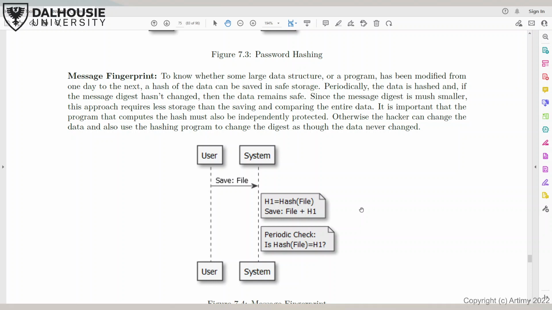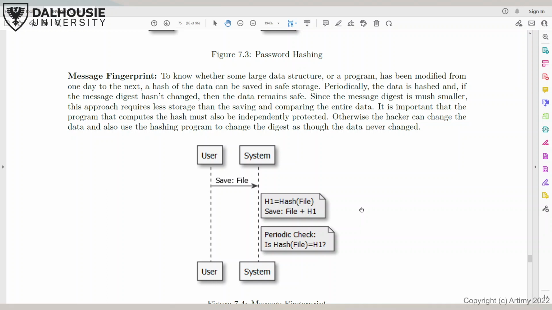All right, so in that case, I will save the file and I also create a hash of the file and I save it alongside the file. Say somebody goes to the text file and changes it.